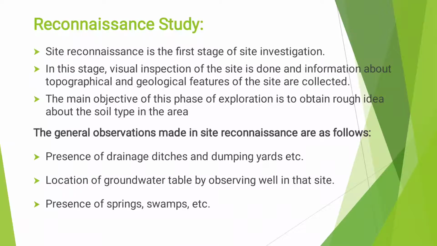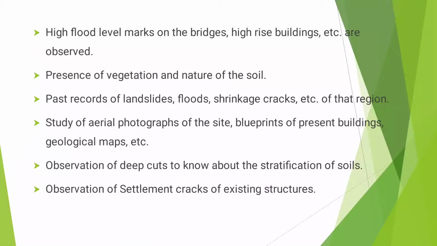In site recognize, the general observations are made as follows. First, presence of drainage, ditches or dumping yards, etc. Next, location of groundwater table. For locating the groundwater table, when there are nearby wells, we can observe the groundwater level. Next, presence of springs, swamps, etc. And high flood level marks on bridges, high rise buildings, etc. are to be observed.